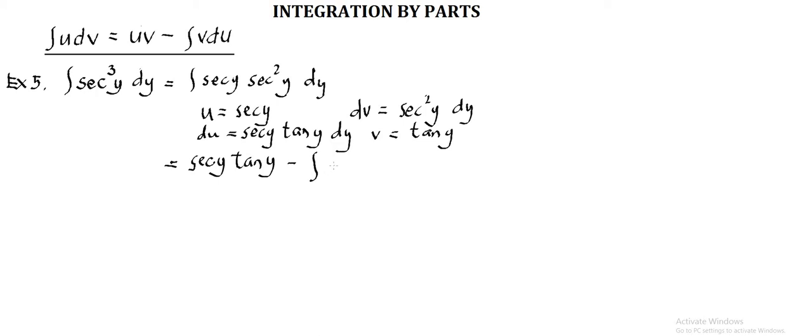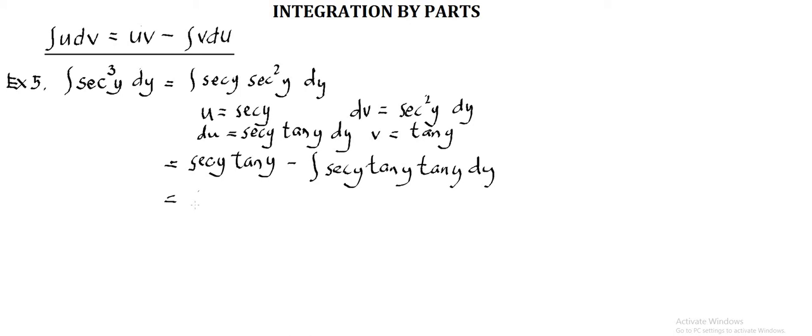Magkakaroon tayo ng secant y, tangent y, and then times tangent y dy. Now, tangent y times tangent y is tangent squared y.